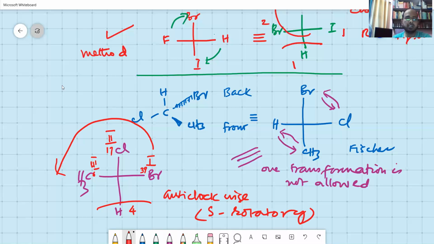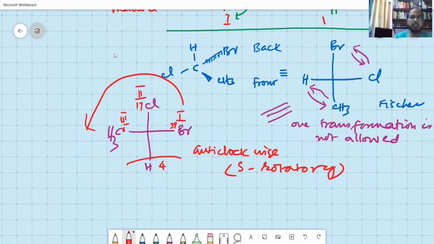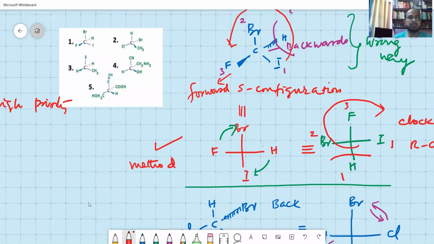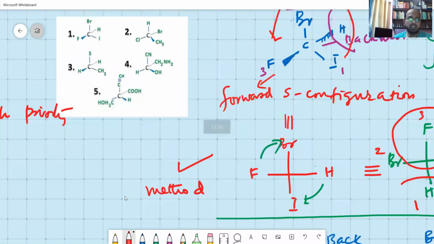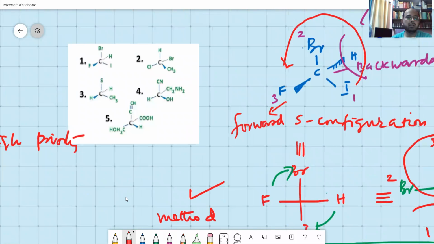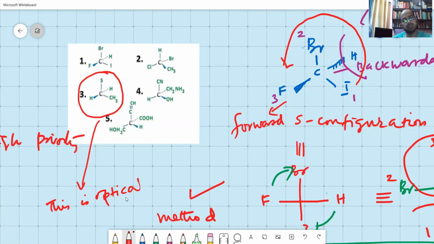Okay, so this is another example. Now let us take the third example. Here it is, third example. This is optically inactive.